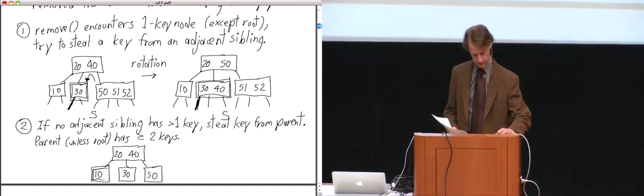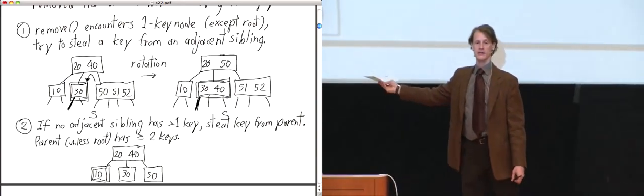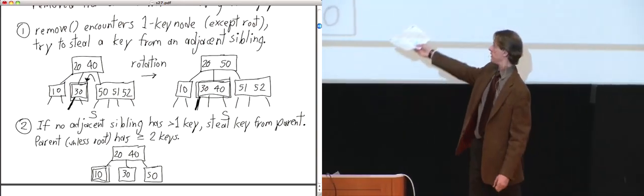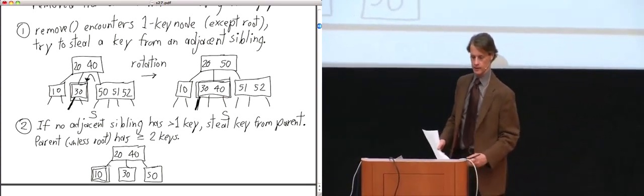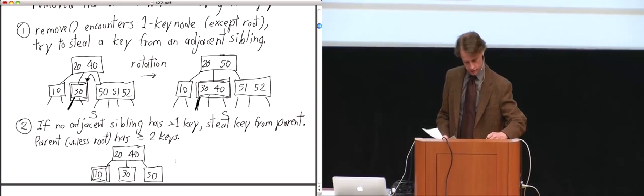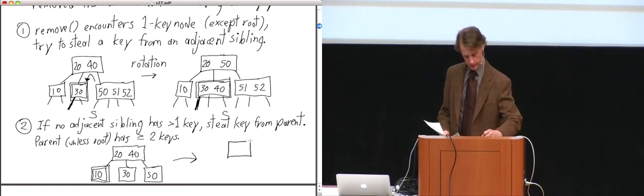Let's suppose I'm visiting the 10 right now. So I can't steal the 30 because I can't leave a node empty. But the parent has 2 keys, so I can steal the 20.